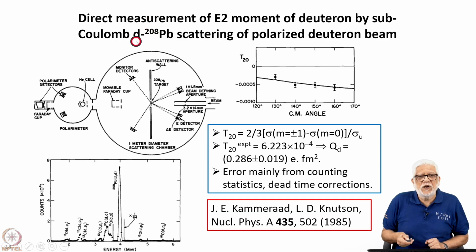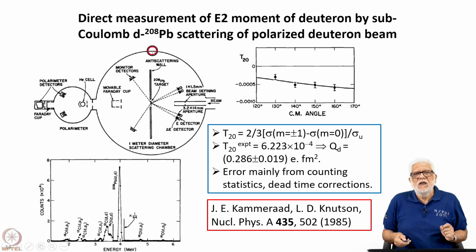The deuteron has spin 1, so you can polarize it such that you get a population in the m equal to plus and minus 1 states as compared to the m equal to 0 substate, and then you can scatter these polarized deuterons off lead 208. Now, why do you use lead 208? Because it has a large electric field close to the nucleus. So, if the deuteron has a quadrupole moment and it is polarized, then depending on the direction of this polarization with respect to the scattering plane, you will find differences in scattering.